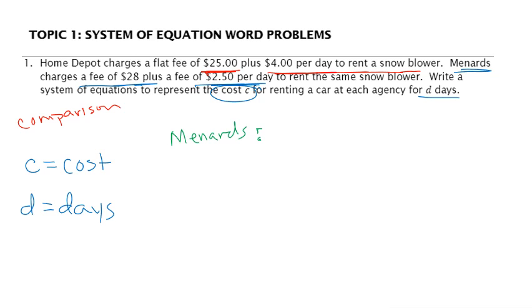We know it's whatever it's going to cost, so I'm going to let C equals. That's really what we're comparing here, the cost. It says it's going to be $4 per day plus $25 for a flat fee. Or actually, that's Home Depot. There we go, there's Menards. So Menards is going to be $2.50.